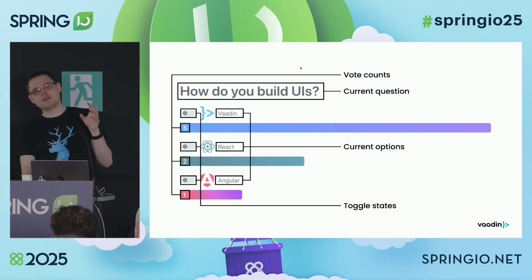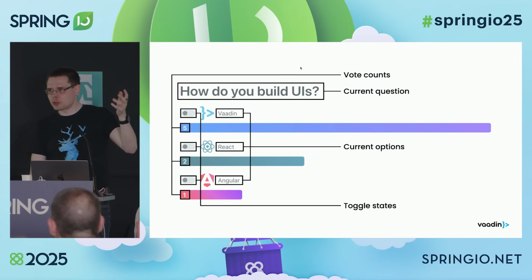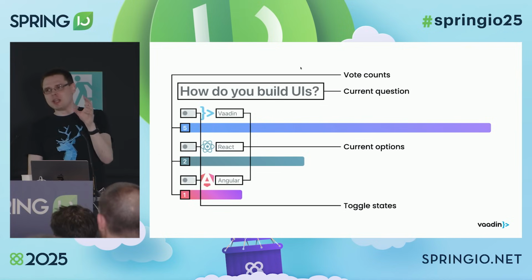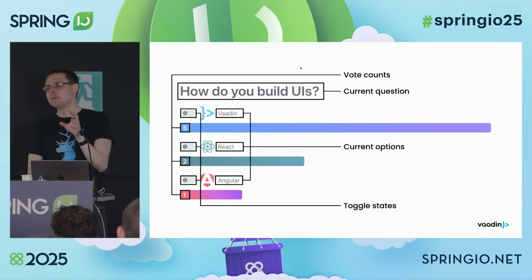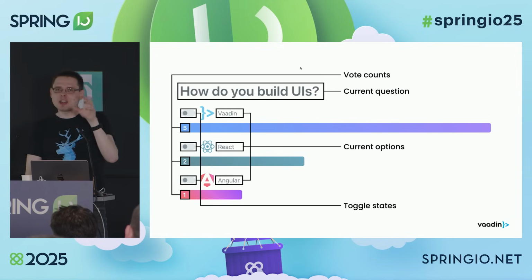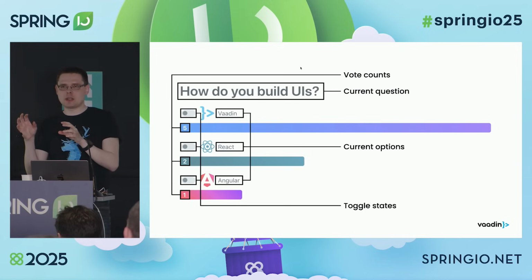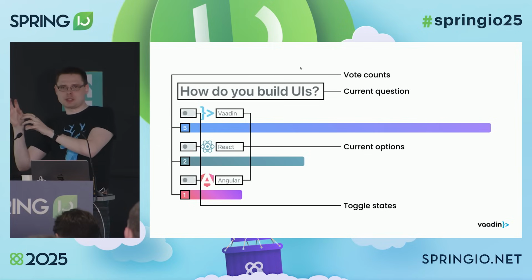Then also, like we saw in the actual poll, I could, from my phone, change which question we're looking at right now. And in that way, that's also part of the UI state. And finally, depending on how things are implemented, which options are shown.